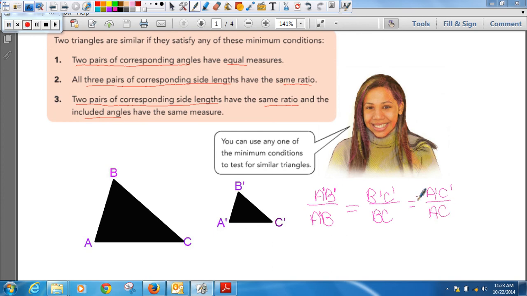So all these ratios would be the same, which means that they have the same scale factor. So basically you're finding the scale factor. If they have one scale factor that's all the same, then the triangles are similar.